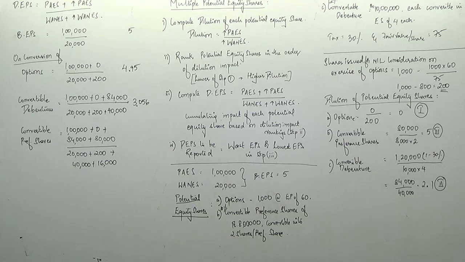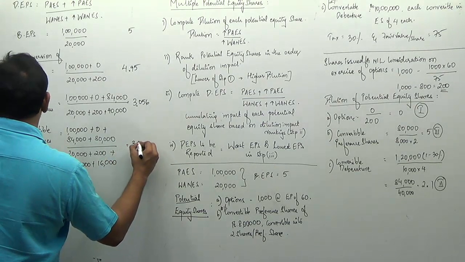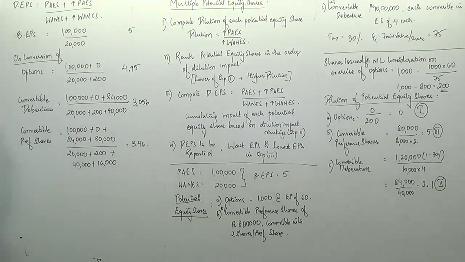That will give you 2,64,000 divided by 76,200, and this will give me an answer of 3.46.